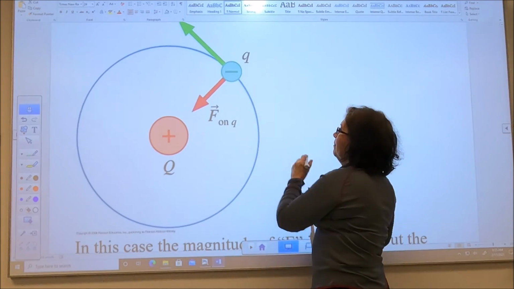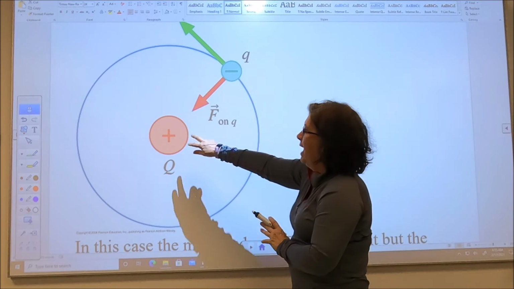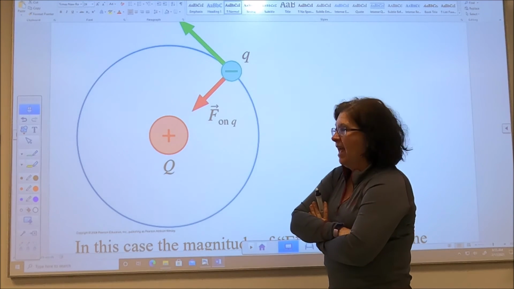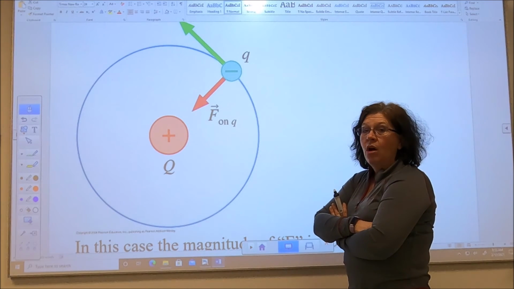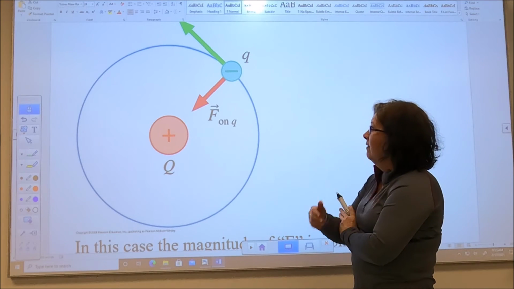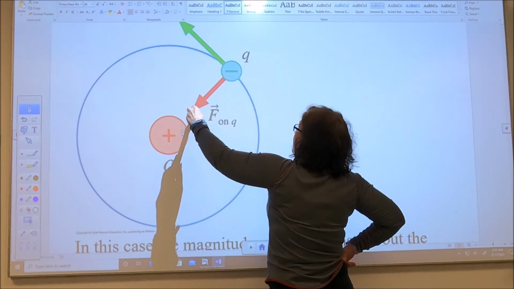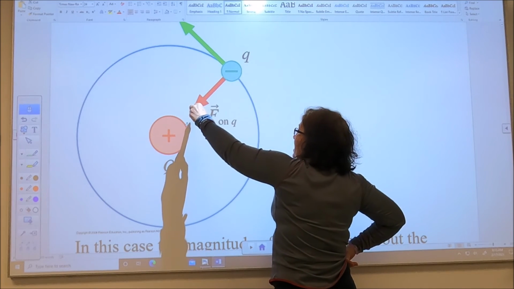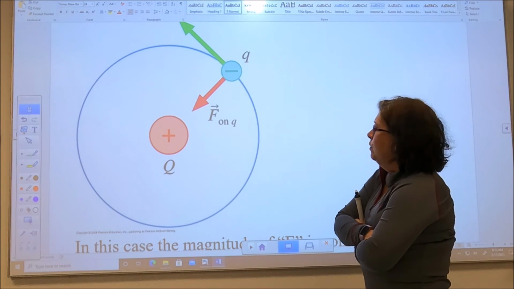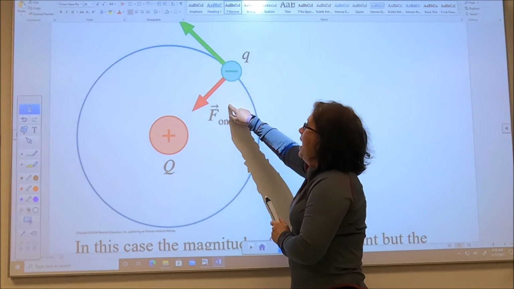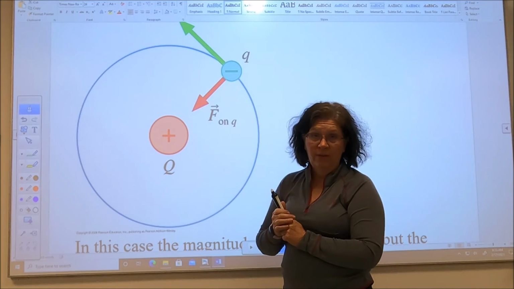Now, if we're moving around a circular pathway around a source charge that's positive, and we're like a negative electron, harkening back to the Bohr model of the atom, then at this specific radius, this test charge is going to be experiencing a constant force, F on Q. And it's a center-seeking force, so it's a centripetal force.